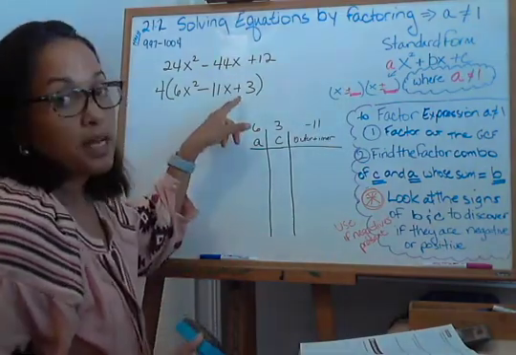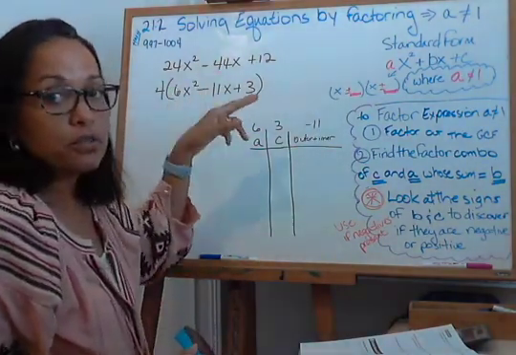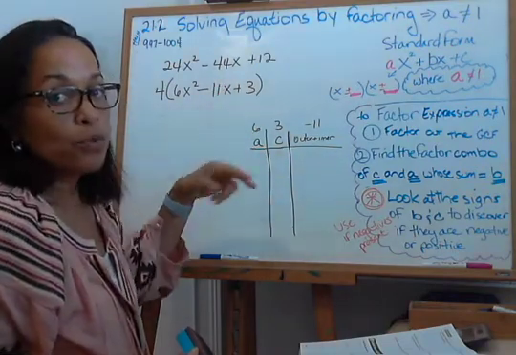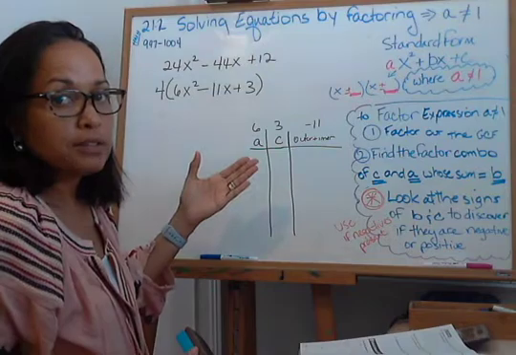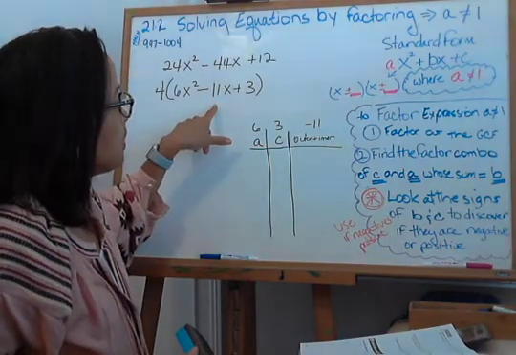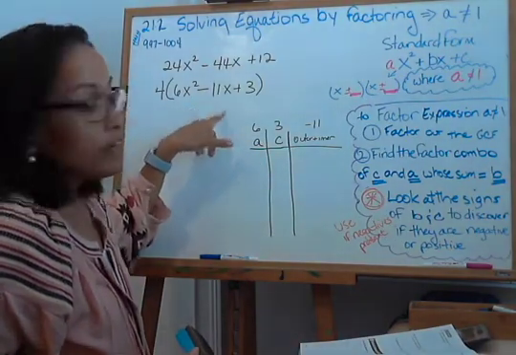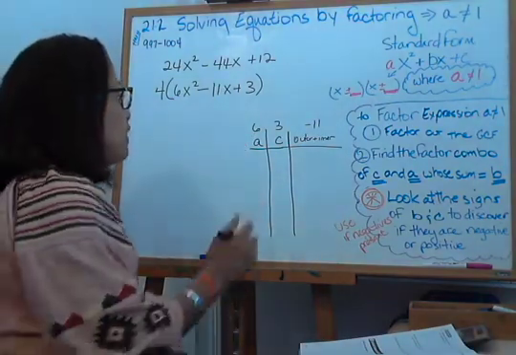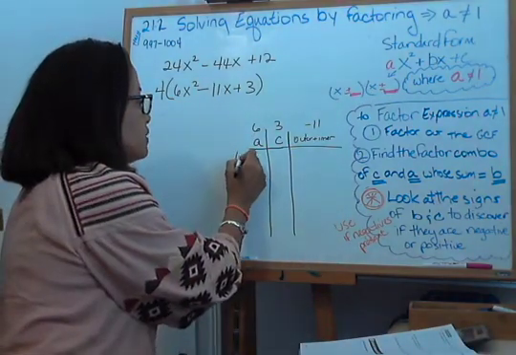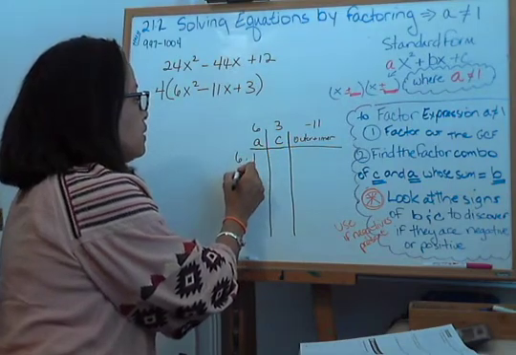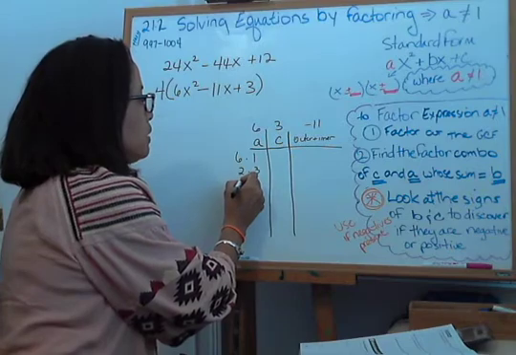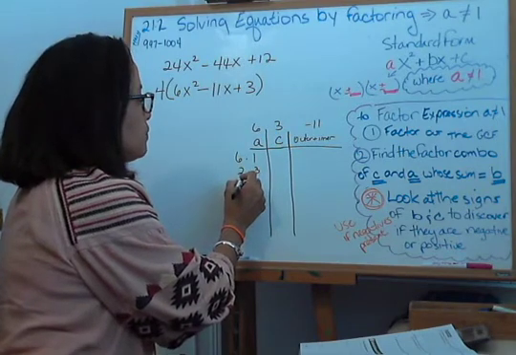If C is positive, that means that the two numbers multiplied together to give me C, this 3, were either both negative or both positive. And when I see that B is negative, I know they were both negative. So with A, I have 6 times 1, and I also have 2 times 3 as factors.